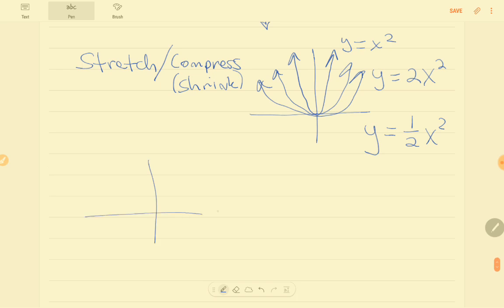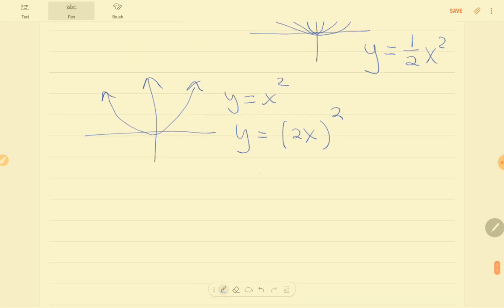And then you could have things like, say this is y equals x squared again, then it can cause this to happen, which is a vertical stretch. But when the 2 is on the inside, or the stretching factor is on the inside with x, we call that a horizontal shrinking, because you could squish it in horizontally.